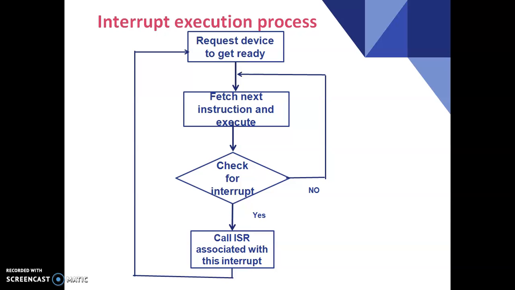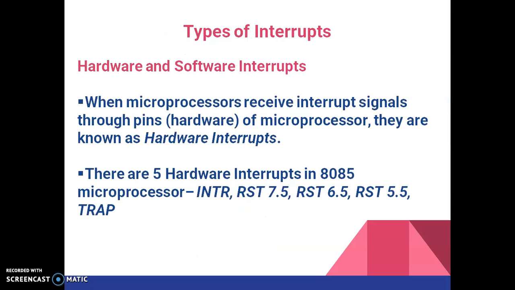There are different types of interrupts in microprocessor. The first type of division which we see here is hardware and software interrupts. What are hardware interrupts? The interrupts which can be given as a signal with the help of the pins on the microprocessor are called hardware interrupts.